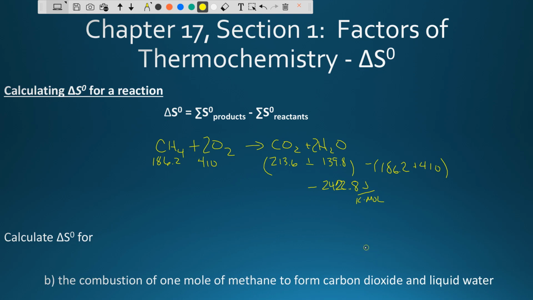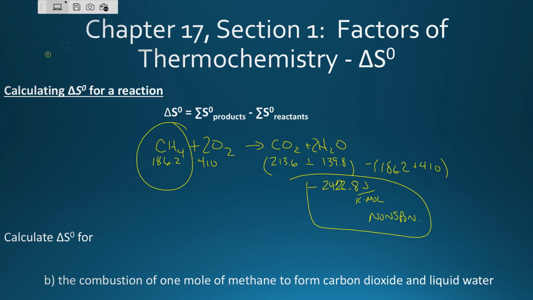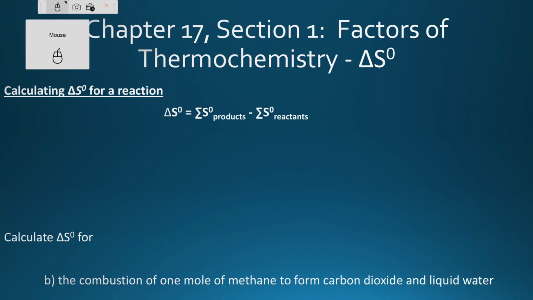Okay, that's going to be less gas formed, and I have a negative value. This is non-spontaneous. Since it's a negative, negative 242.8, non-spontaneous, that means that methane doesn't just sit out there and combust on its own. Okay, we do have to add an ignition source to get it to go. Okay, that's all we need to be doing with that.